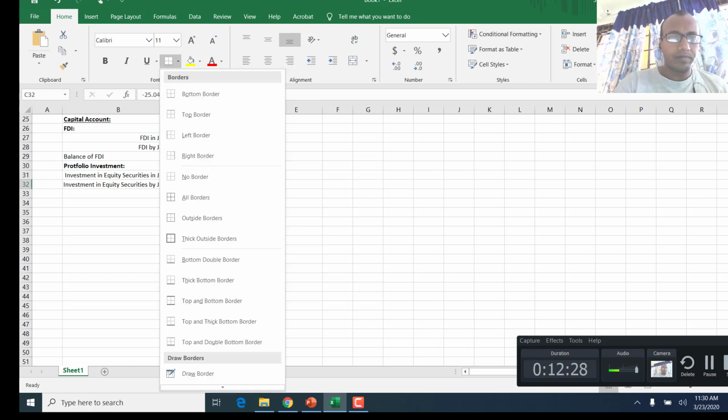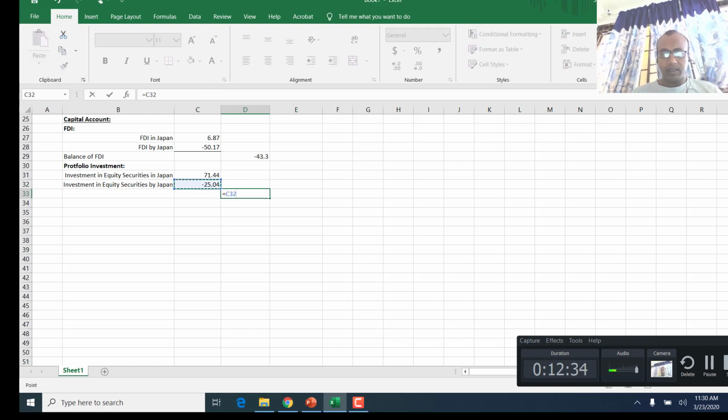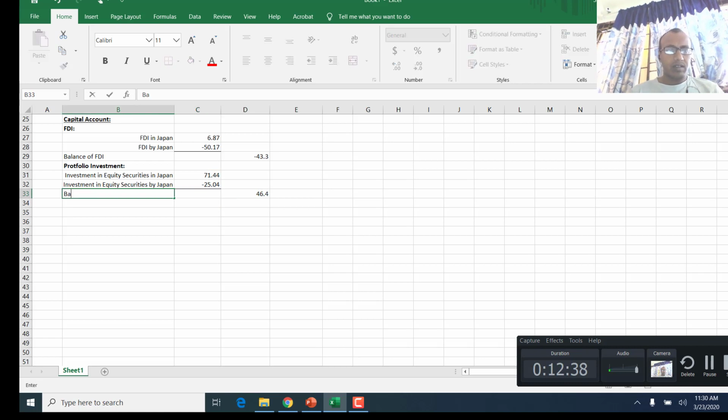So I'm taking the balance. This is the balance of investment in equity securities.